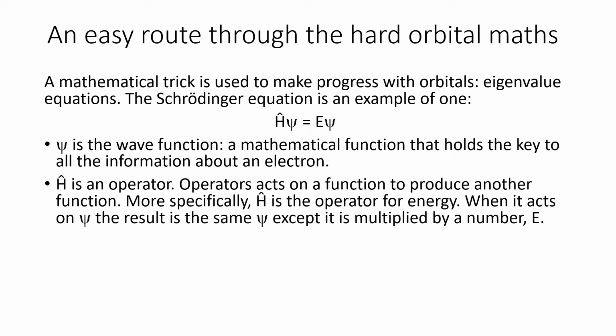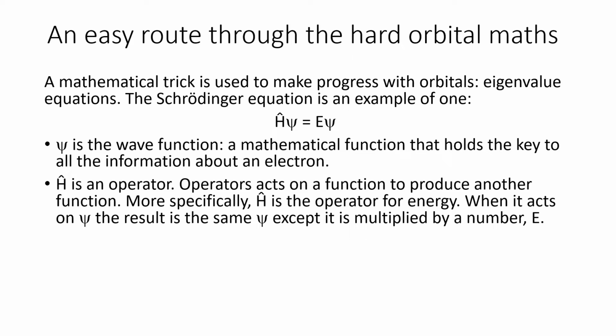H hat is the operator; that hat on top of it, like a circumflex, means it's an operator. And H stands for Hamiltonian, which means it's the operator for energy. I guess this is the most useful operator, the one we'll be using the most. An operator is something that acts on a function to generate another function.